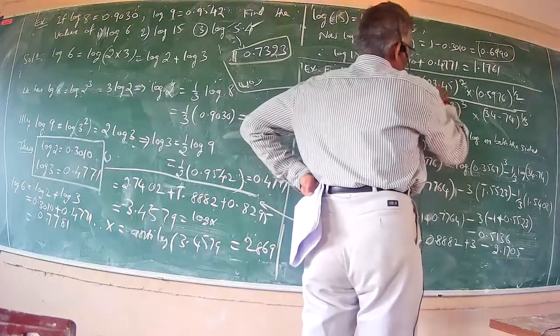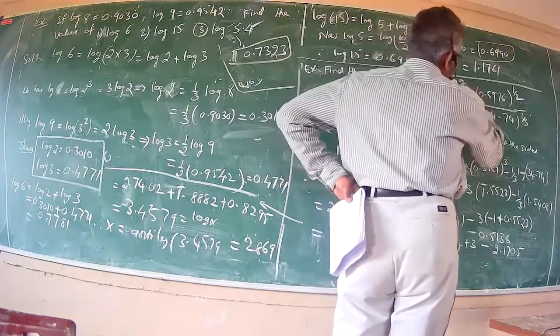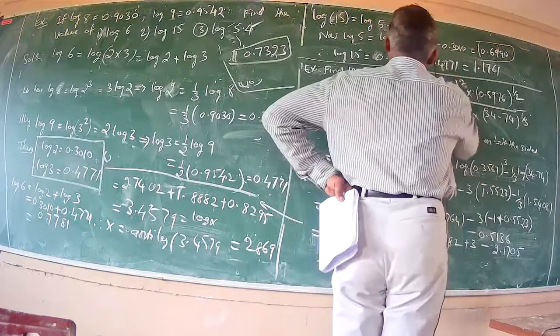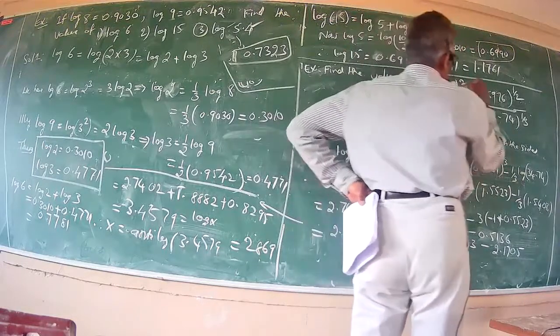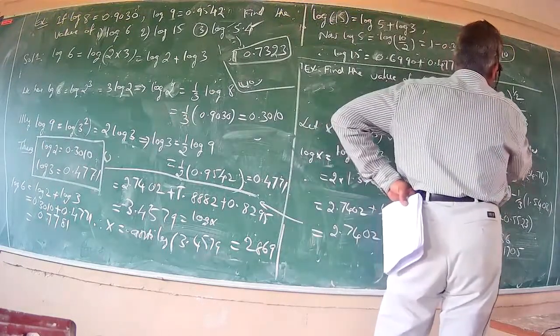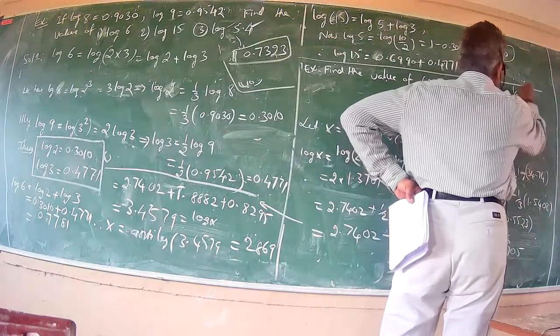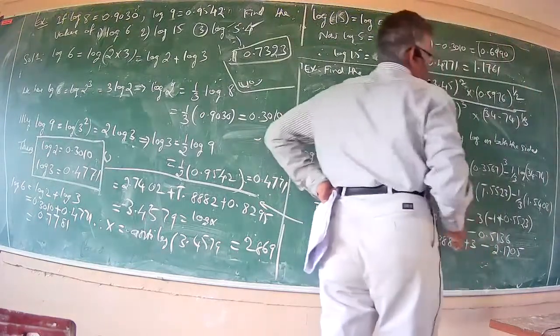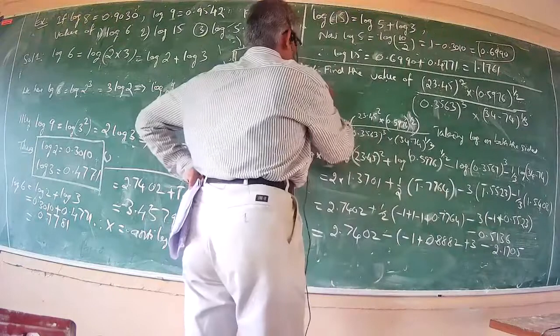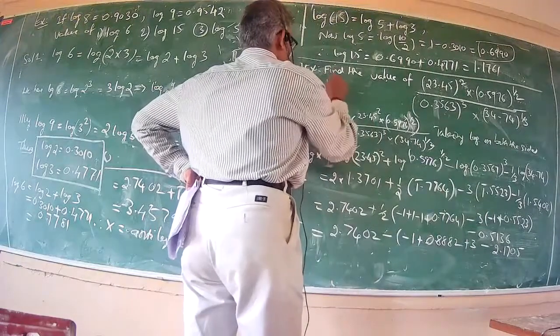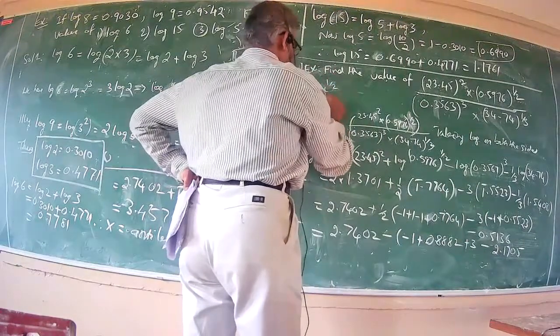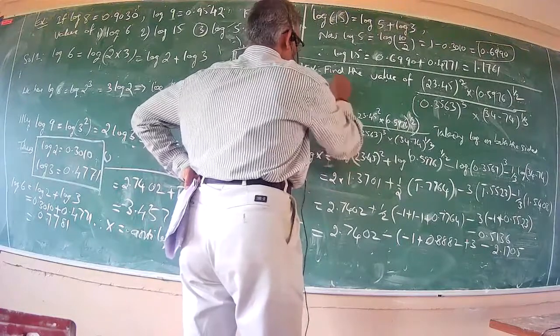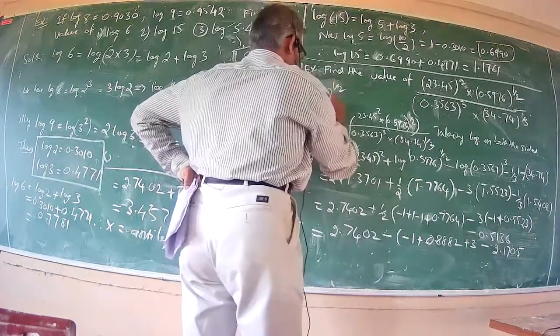Find the value of 23.45 squared into 0.5976 raised to half. Half means square root. So x raised to half means root of x. So 2 raised to half means square root of 2.